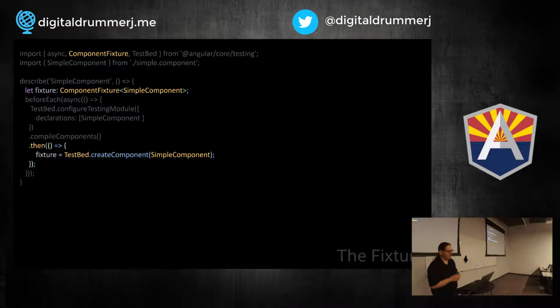Let's look at what this adds in. So first thing that we do on our import statement that has async, we import our ComponentFixture. Then we'll set a variable so we can use our fixture all over the place. And then in our promise, we say TestBed.createComponent, and it creates our simple component so it's ready and wired up.